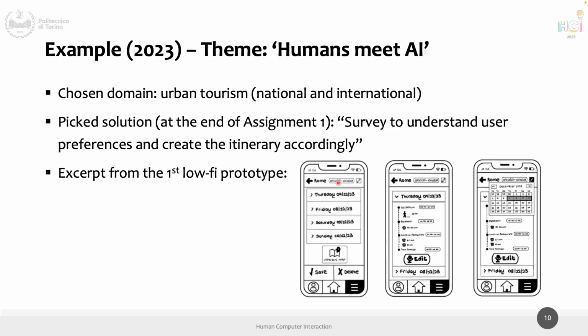The first one was instead, I am around in movement, I can also edit it while I am in the city. So they chose tourism because it was human and AI in context.